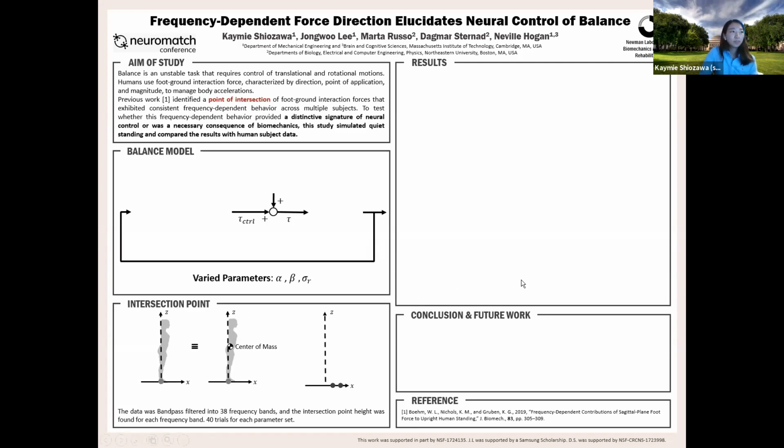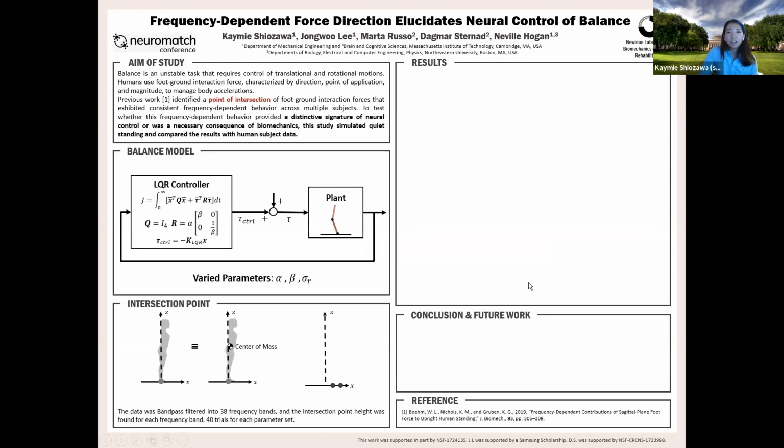So to simulate balance, we estimated the human body as a double inverted pendulum that is controlled by an LQR controller. A key feature of LQR control is that a cost function is minimized and the result always yields a stable controller.